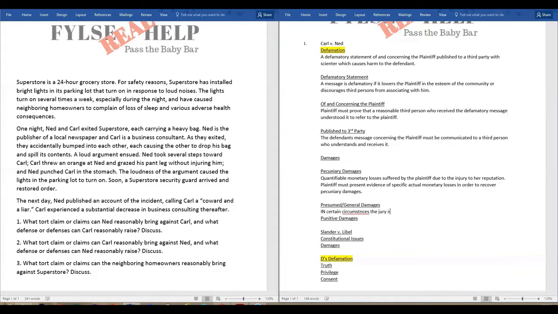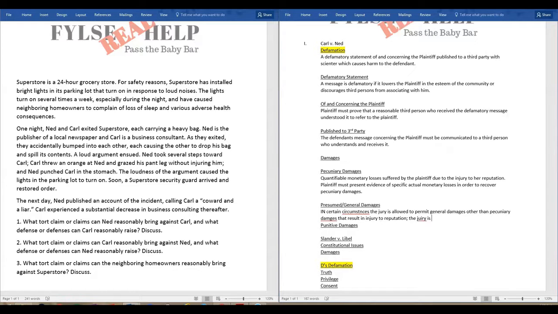Something along the lines of, in certain circumstances, the jury is allowed to permit general damages other than pecuniary damages that result in injury to reputation.